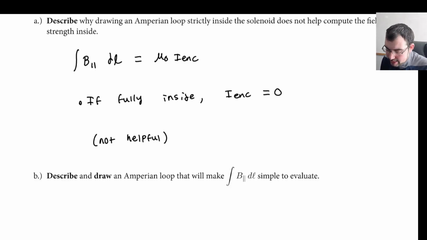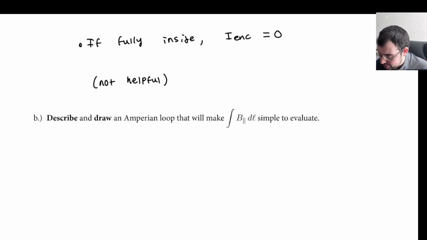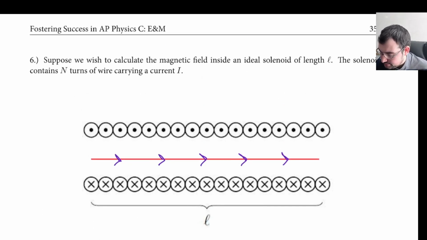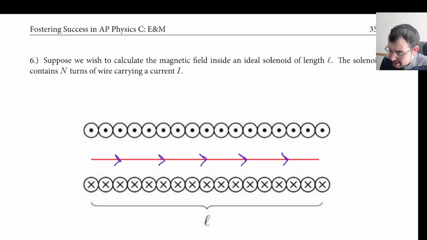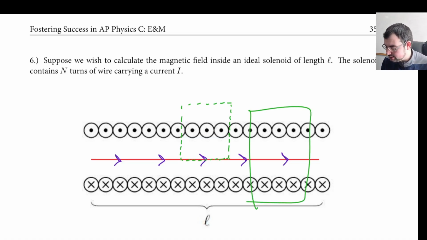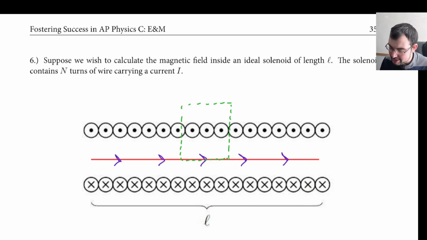So we want to actually draw this Amperian loop that goes somewhat in and somewhat out. We're going to draw ourselves this loop, because you have to have a loop that encloses current. For the same reason, this loop is also not a good choice, because it still encloses no current. So we want something like this. I like to center it on the midline, and of course we can come up with some values here.